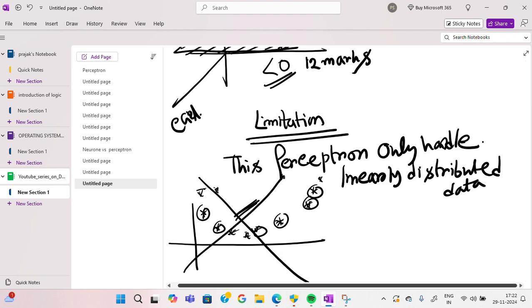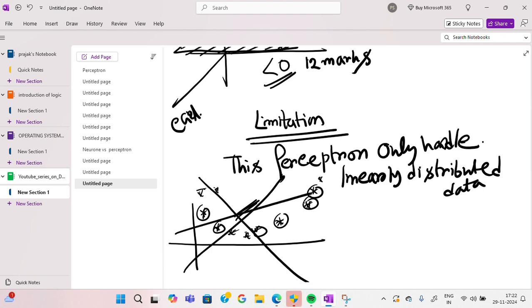This cannot be separated, this cannot be separated, so it will give a very inaccurate result. So only for linearly distributed data can we handle the perceptron cases. Later we will discuss more about this. This is a basic introductory video on the perceptron. That's all for today. Thank you.